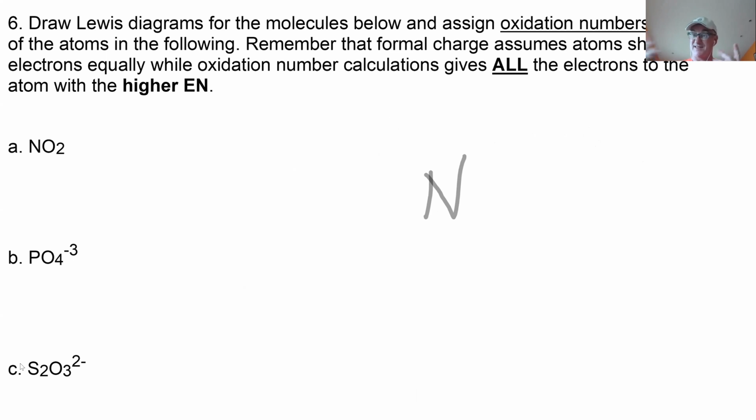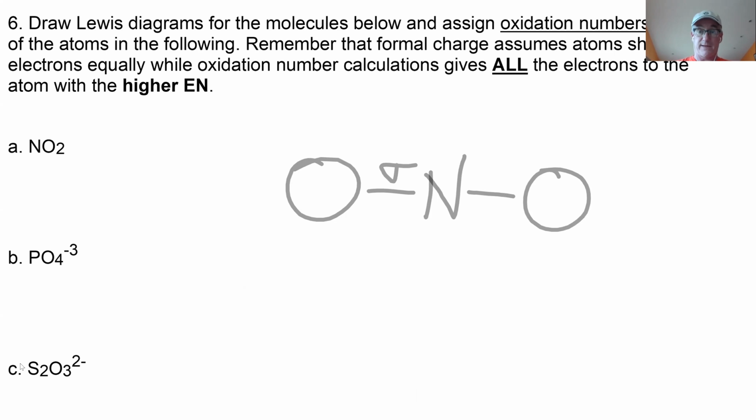Nitrogen goes in the middle because it has lower electronegativity, so it generally goes in the middle. So I'll put an oxygen on this side, put an oxygen on that side, put my sigma bonds in. So remember, the first bond is always a sigma bond, so this will be a sigma, this will be a sigma. So how many total valence electrons are we dealing with here?